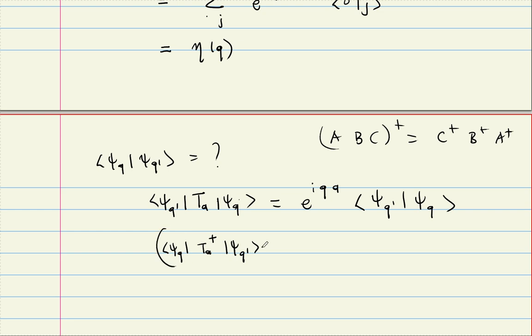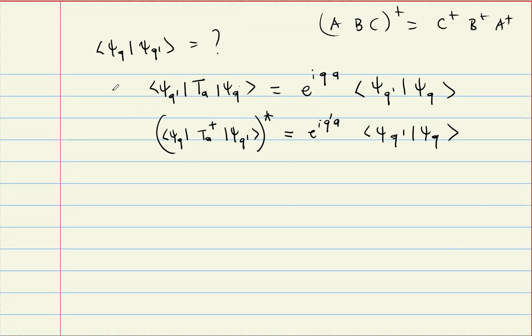But since I reversed this entire thing, I want to take the complex conjugate. Then the first line and second line are going to be exactly the same. And this thing now I can operate here. It is going to be e to the i q prime a, but there's a dagger minus, there's also complex conjugate, so it's going to be plus, right? No sign. And what remains is psi q prime. If you take the complex conjugate, this is psi q prime psi q.